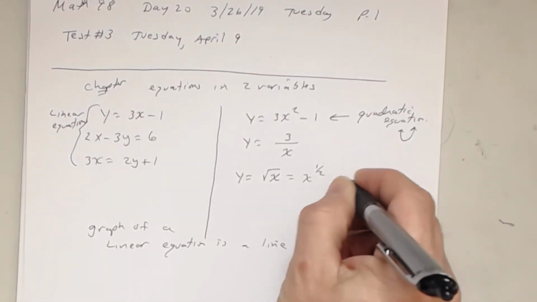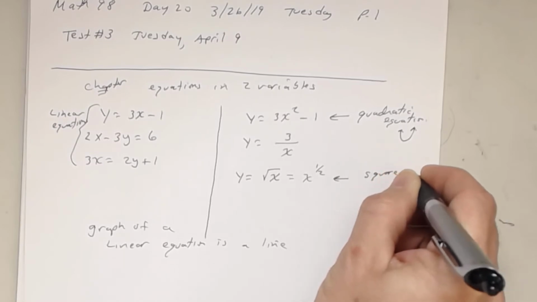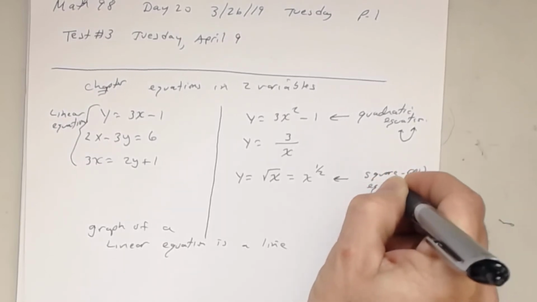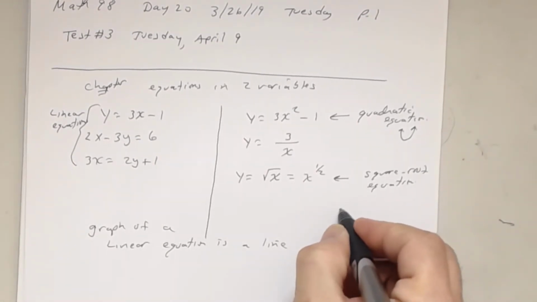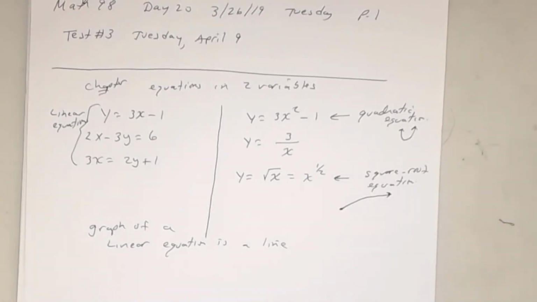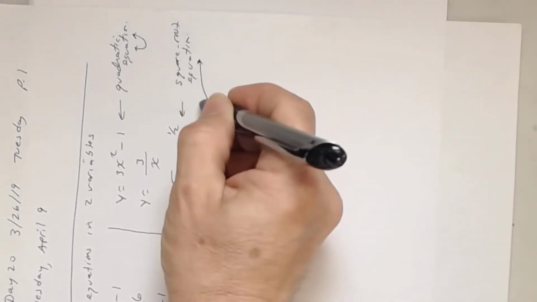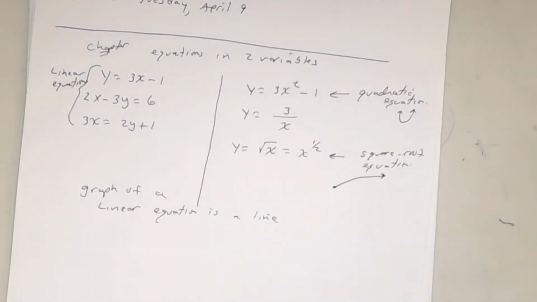This is called a square root function, or a square root equation. And the graph is not a line. The graph looks like this. It looks like half of a parabola. If I turned it sideways like this, it would be part of a parabola. So the graph of a square root is not a line. Those two you're going to deal with in the next course.